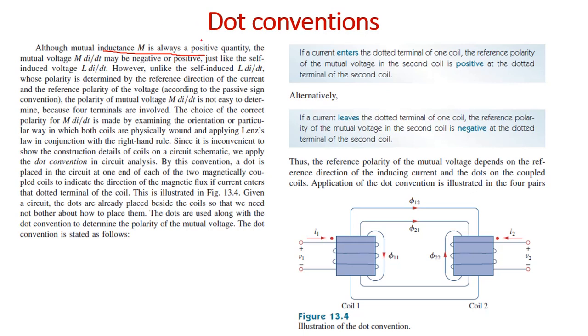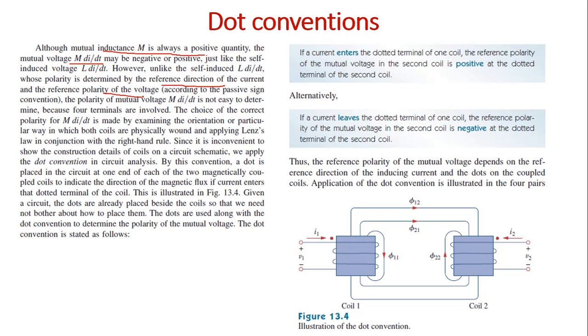Whereas the induced voltage across the inductor, that is L into di by dt, and this M into di by dt, can be positive or negative according to the direction of current and the polarity of voltage, right?